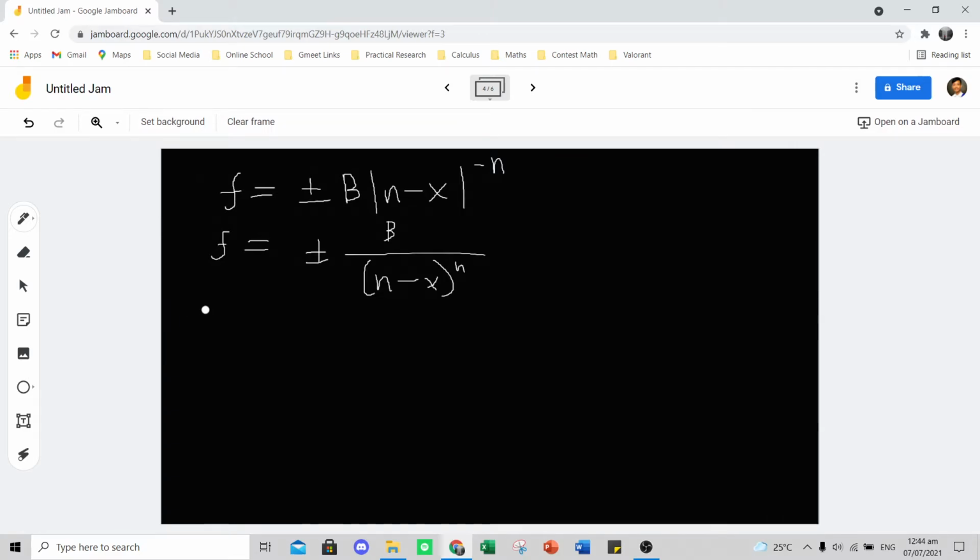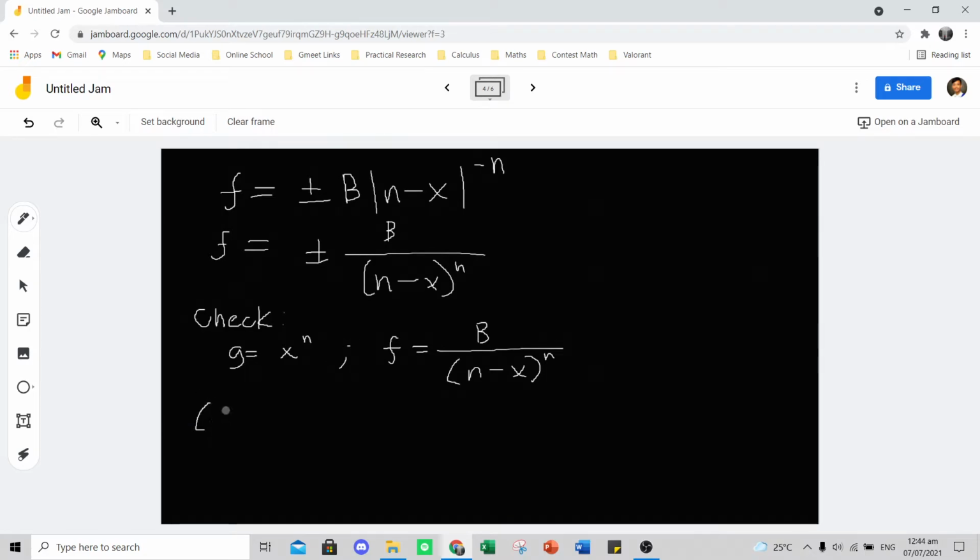And we can check that. We can check that g is equal to x raised to n, and f is equal to, let's pick one of these, the positive version of this. So we have b over n minus x raised to n.